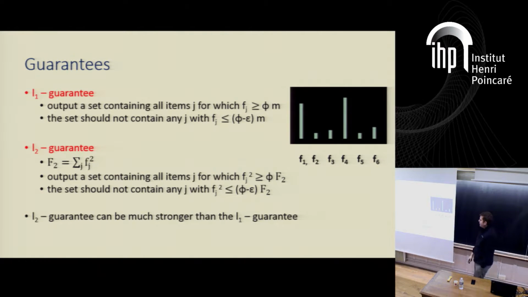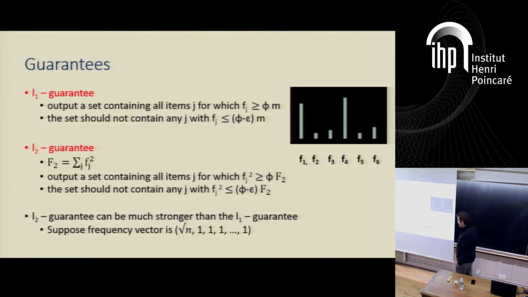I want to mention that for some settings of parameters, the L2 guarantee can be much stronger than the L1 guarantee. Here's a typical example. Suppose the frequency vector looks like the following. The first item occurs root n times, and all the other items occur once.